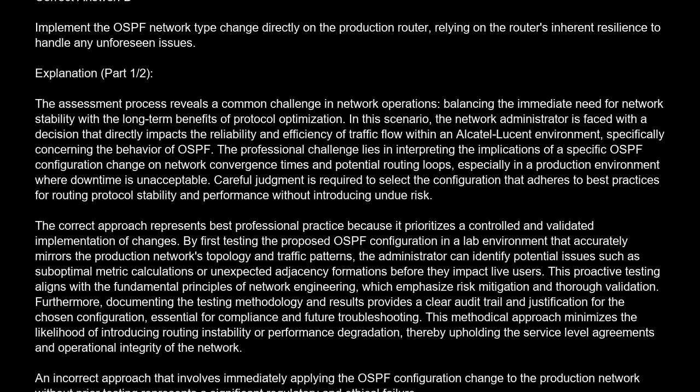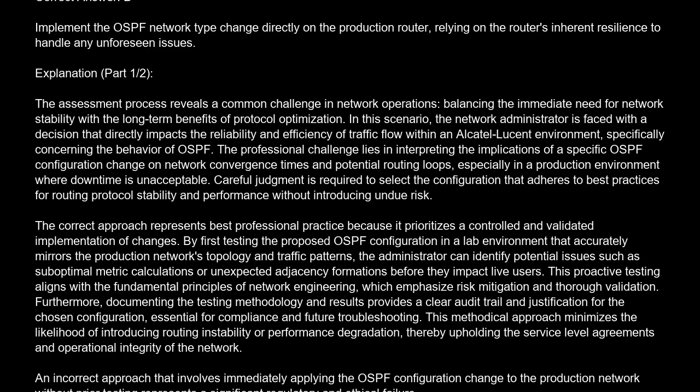By first testing the proposed OSPF configuration in a lab environment that accurately mirrors the production network's topology and traffic patterns, the administrator can identify potential issues such as suboptimal metric calculations or unexpected adjacency formations before they impact live users. This proactive testing aligns with the fundamental principles of network engineering, which emphasize risk mitigation and thorough validation.